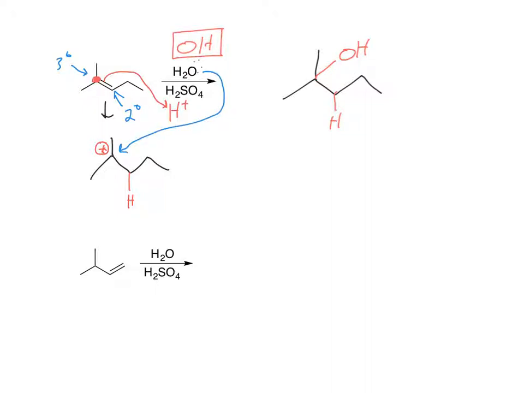And so if we draw the next product, we have our carbon framework. We still have the hydrogen we added from acid. We still have the methyl group that's branching up. And now we have our water molecule that's sticking out here.